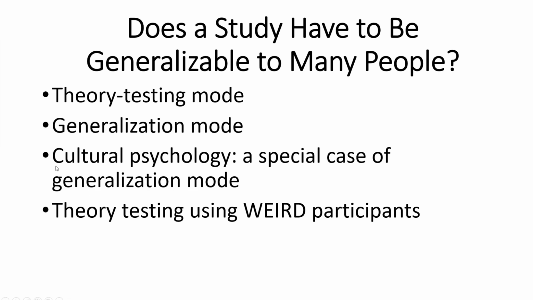And then we're going to focus in very briefly on cultural psychology, because it's a very special case of generalization mode where they're focusing on the ability to generalize different ideas, specifically across multiple cultures, so therefore multiple populations. And then we're going to look at WEIRD participants and whether that's a problem or not.